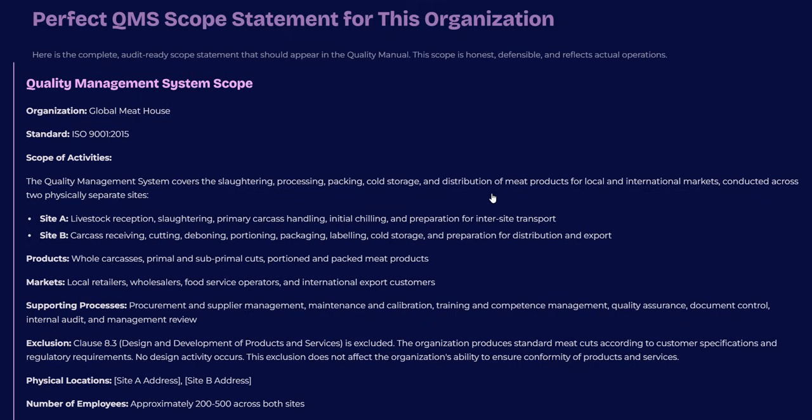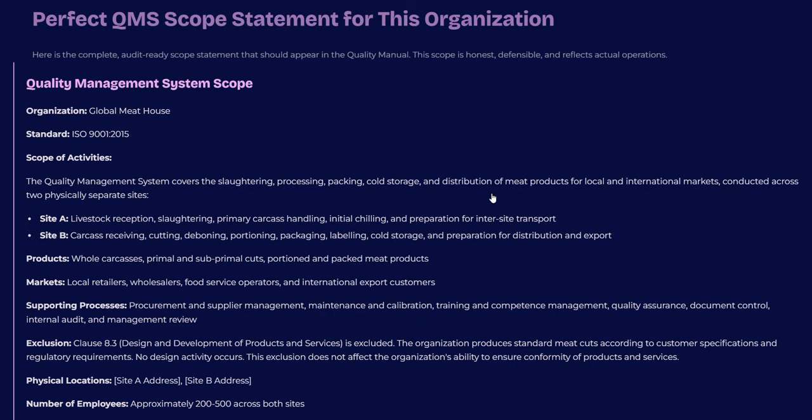Markets: local retailers, wholesalers, food service operators, and international export customers. Supporting procedures: procurement and supplier management, maintenance and calibration, training and competence management, quality assurance, document control, internal audit, and management review. Exclusion: clause 8.3, design and development of product and service, is excluded.